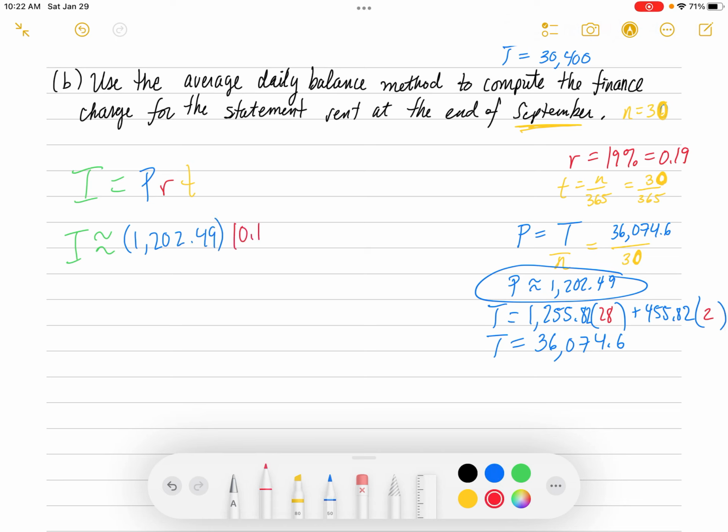R is 0.19. And little t is 30, not 31, 30 over 365 because we have 30 days in September. So here goes, I is approximately 1202.49 times 0.19 times 30 over 365. I got about $18.78. All right, there we are.